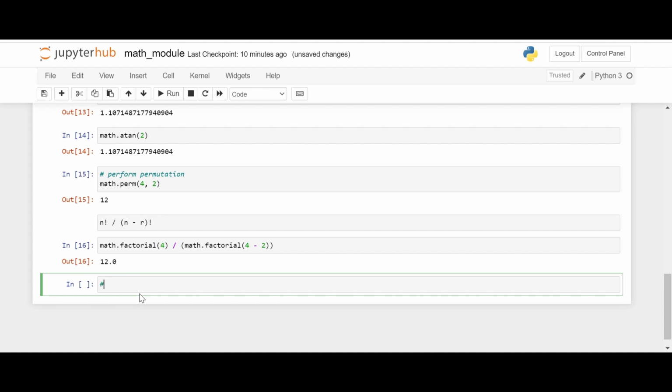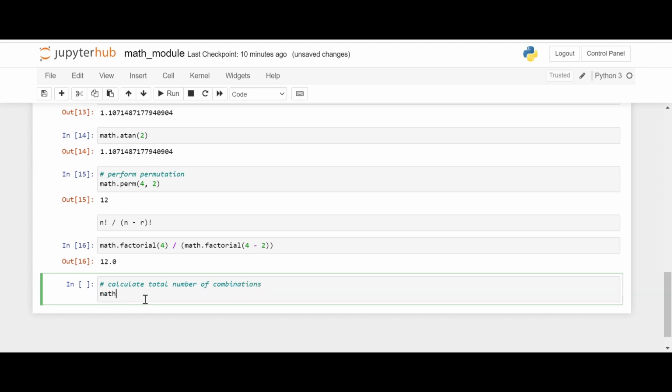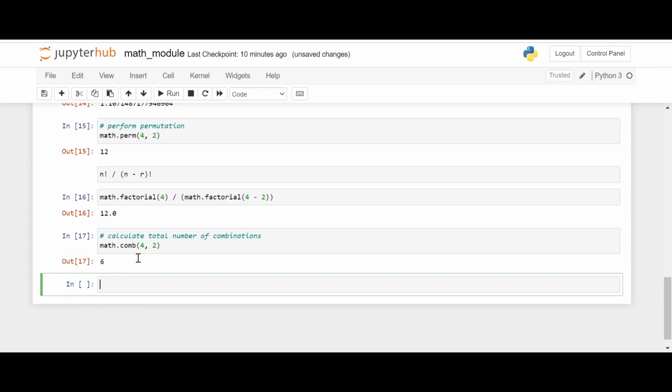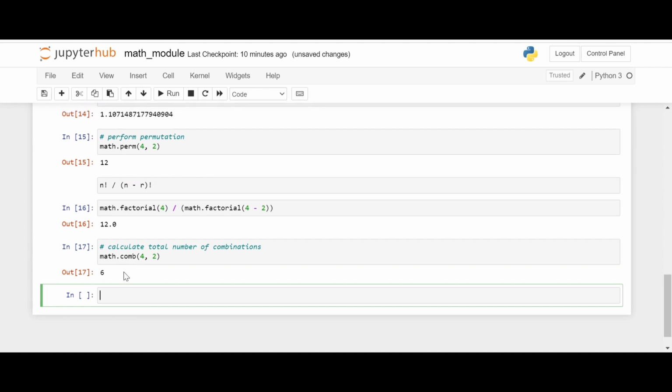Now let's calculate total number of combinations. Math.comb, again the same. So this is nPr and this is nCr. So the formula of nCr is n factorial divided by r factorial into n minus r factorial.